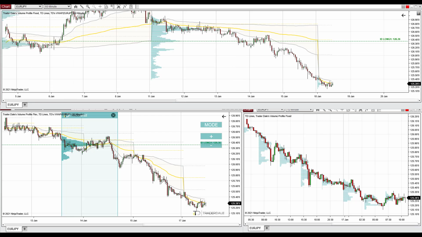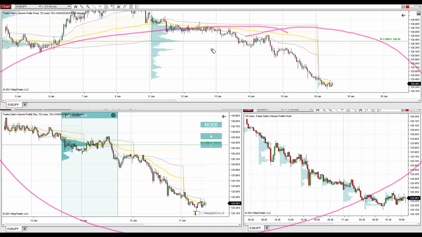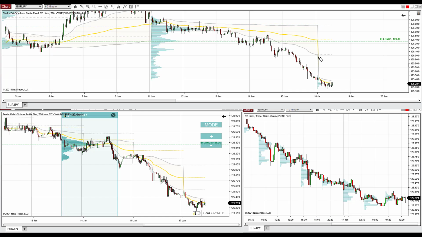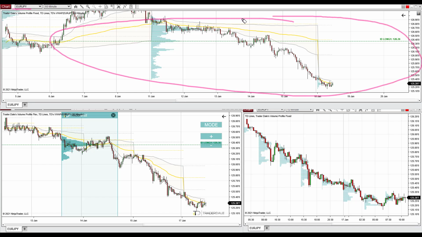What you see before you is my day trading workspace. Those three charts are linked. They always show the same trading instrument. Right now they show the Euro Japanese yen. This chart at the top is an overview chart which gives me the big picture, and this is a 60-minute chart where I use a flexible volume profile.